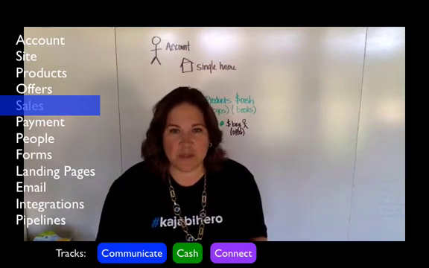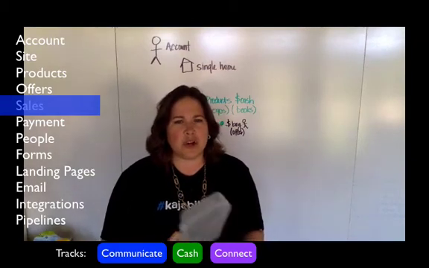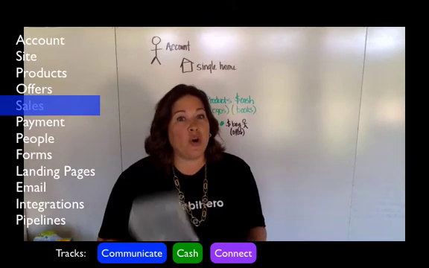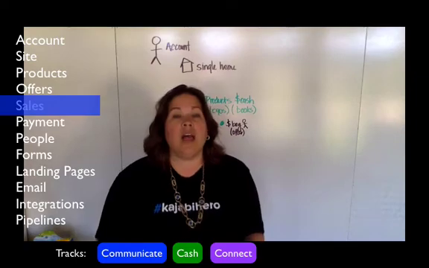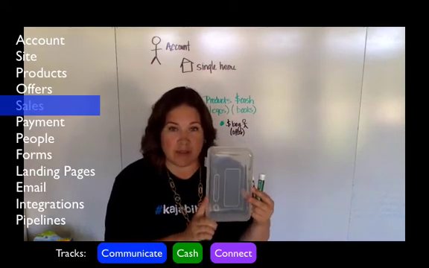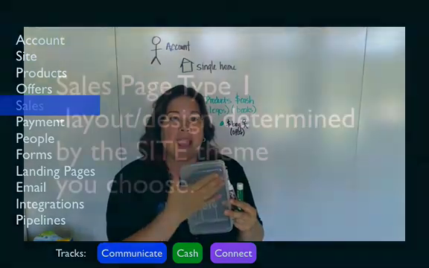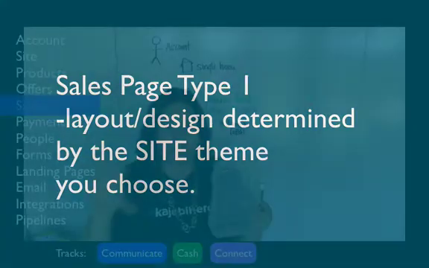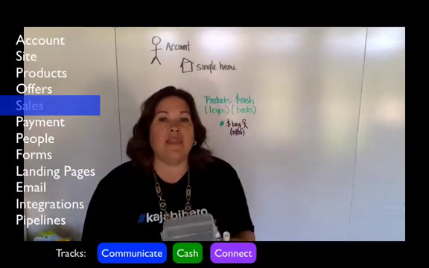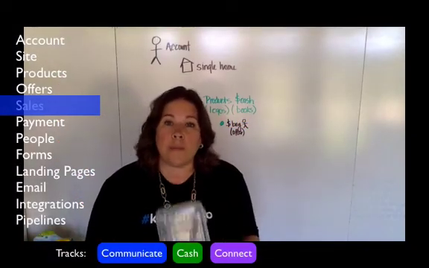It's sometimes confusing because we use the term sales page, but we could be talking about two totally different types of pages. The first type of a sales page is a container that is designed, and where blocks are and where the pieces are, they are determined by your website theme.